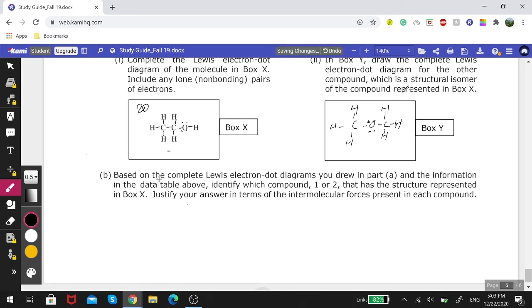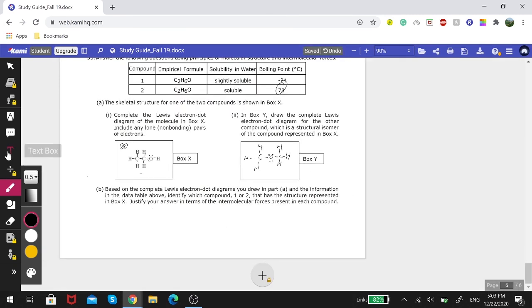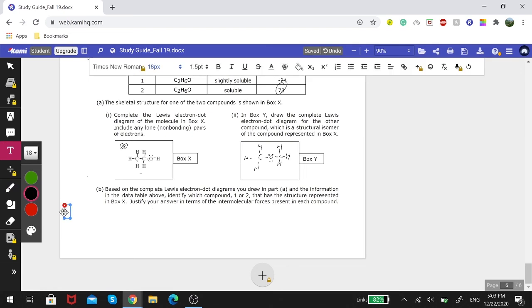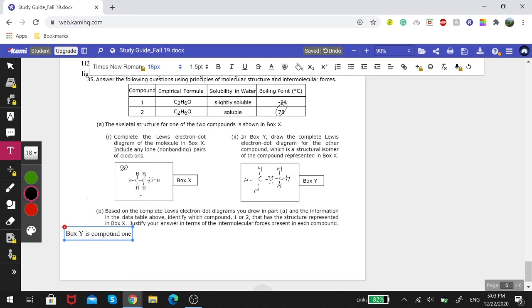So here's our explanation, part B. Box Y is compound 1, because it has a lower boiling point. This is due to weaker bonds.